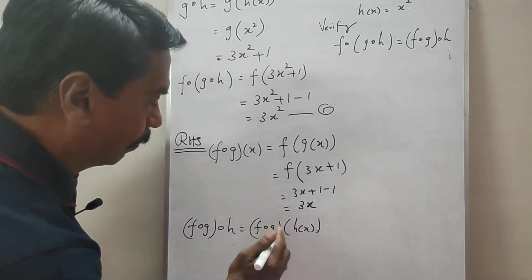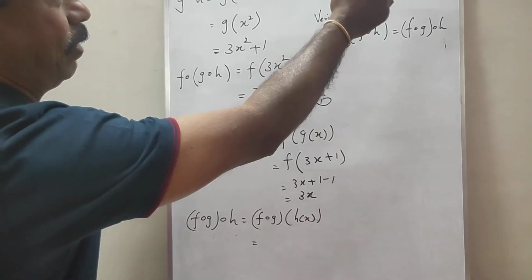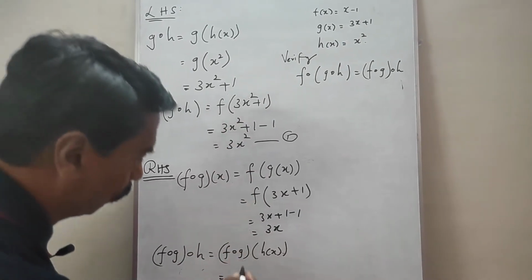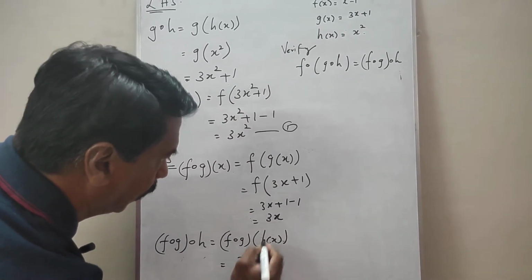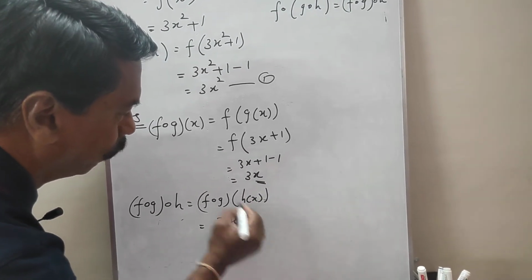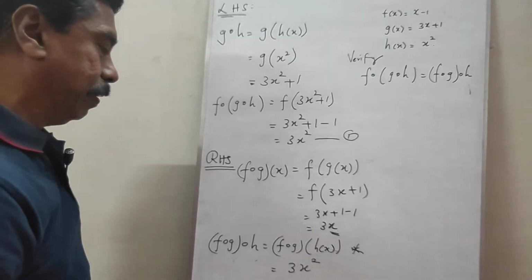Now what is f∘g? It is 3x. What is h of x? It is x squared. In this 3x, you substitute x squared. So in this particular x, we replace x squared. This step is very important, how we are replacing.